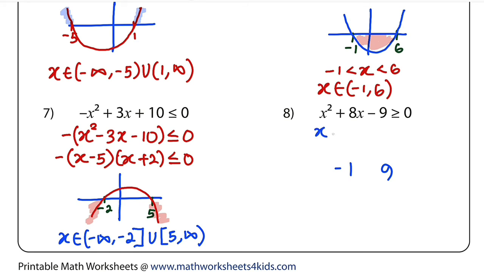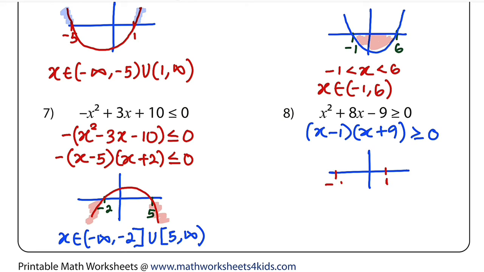So we have x minus 1 and x plus 9 greater or equal to 0. So let us graph it. Y-axis, x-axis. We have +1 here. We have -9 here, because if you set this to be equal to 0, x will be equal to 1 and x will be -9 here.